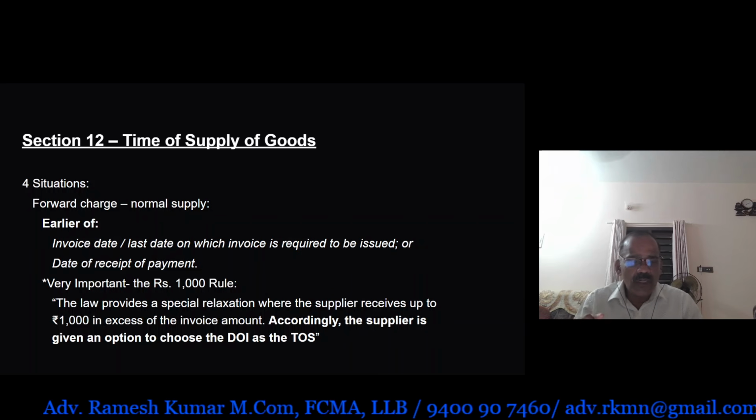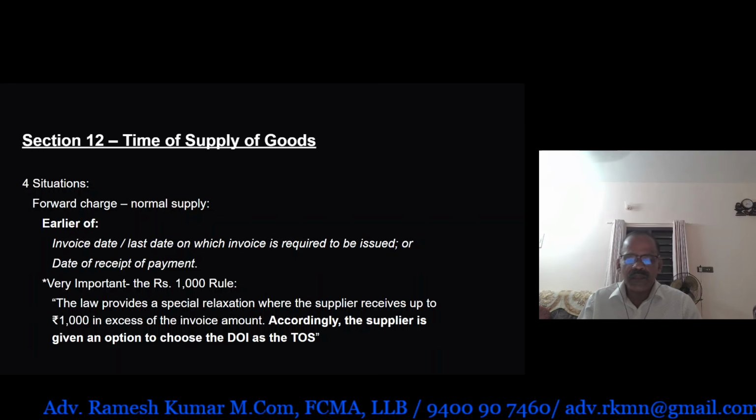So another very important rule that we often miss is the 1000 rule. What is that? This is a special provision where the supplier receives an amount up to rupees 1000 in excess of the amount mentioned in the invoice. In such a situation, the supplier has an option regarding the time of supply in excess of that amount received.